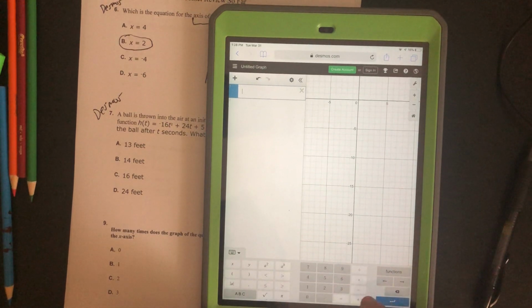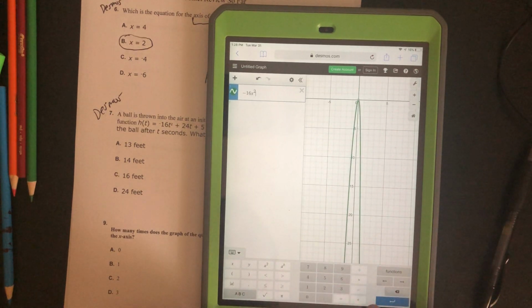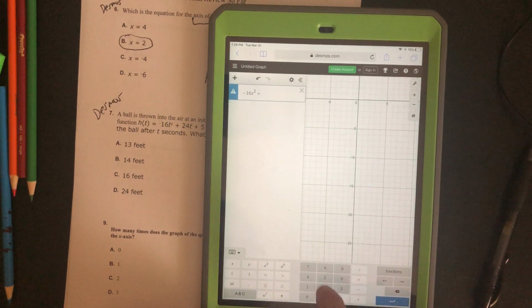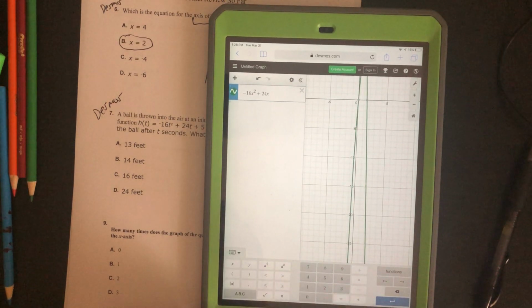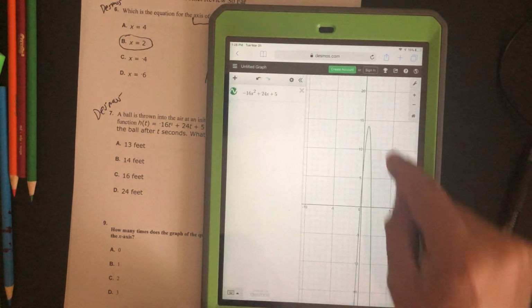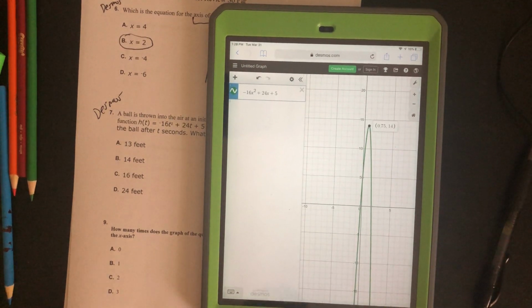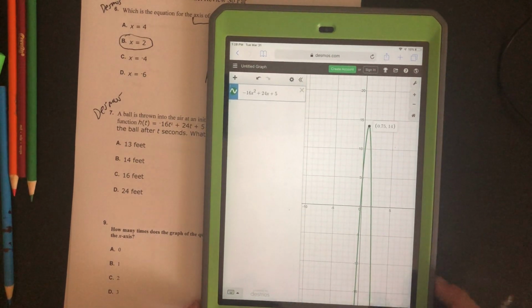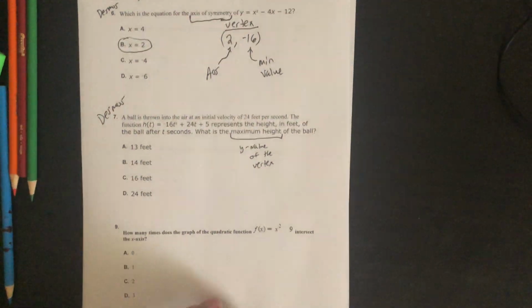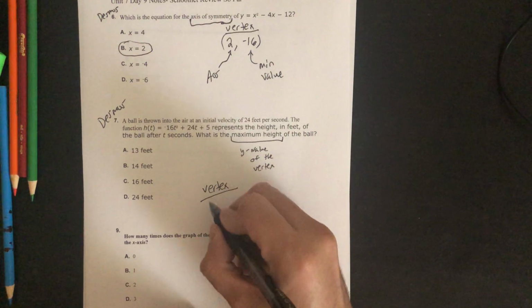So we have negative 16x squared plus 24x plus 5. And if we click the vertex, because that's the highest point, we get 0.75, 14.